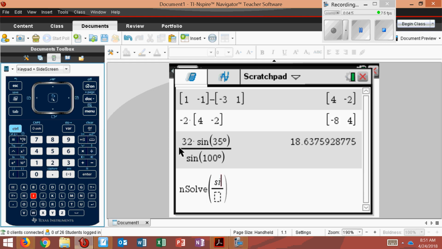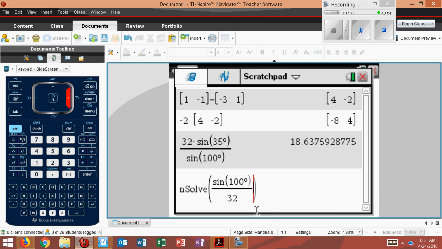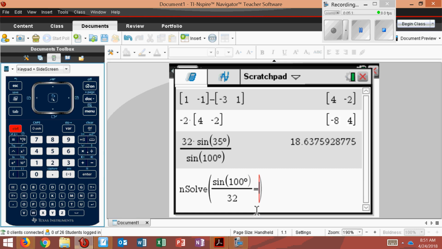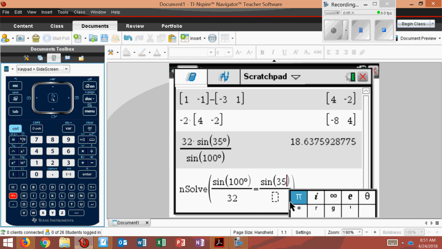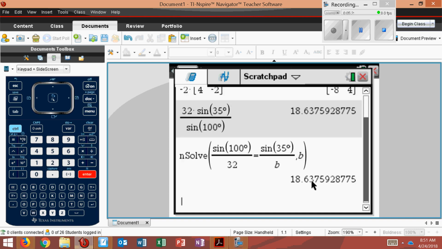We had sine of 100 degrees, whoops, forgot the parentheses, sine of 100 degrees over 32 equals the sine of 35 degrees over b. After you type this in, you have to do comma and then tell the calculator which letter we're solving for. We're solving for b. And again, we get the same answer. So we did do it correctly.